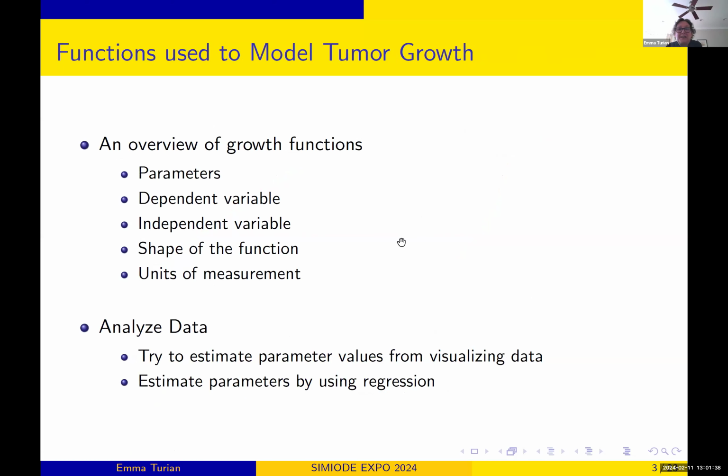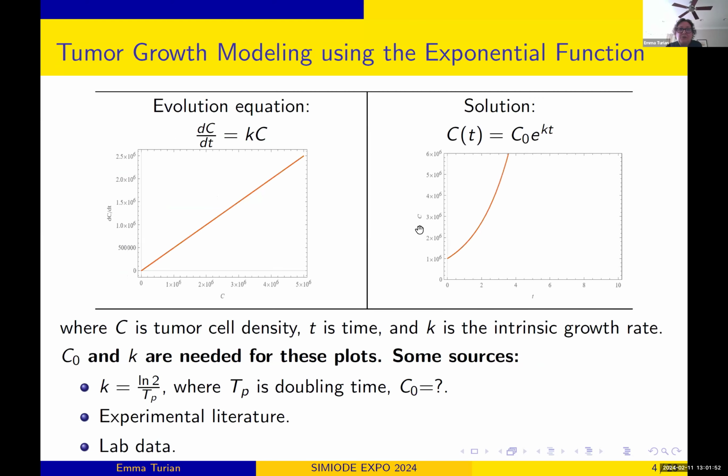We also analyze the data. We try to estimate parameter values from visualizing the data first, and then we estimate parameters by using regression or other means. Usually I like to place side by side the evolution equation and the solution of the equation.